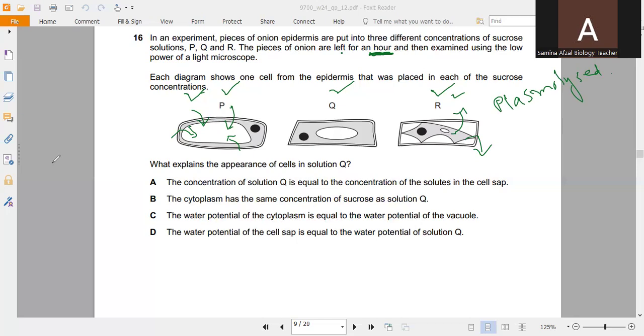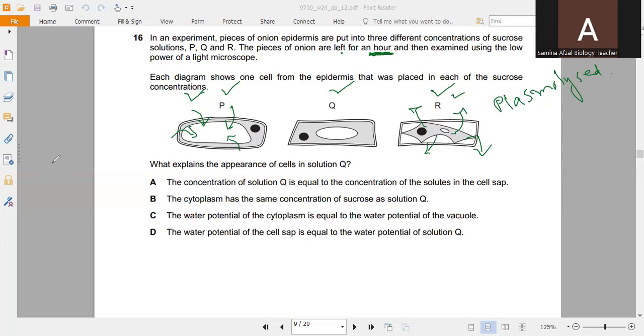So water moved outside the cell. So it is plasmolysed or shrunk. Whereas Q, it is a normal cell. It is not showing any sign of turgidity or plasmolysis. So we can say that it is a normal cell.